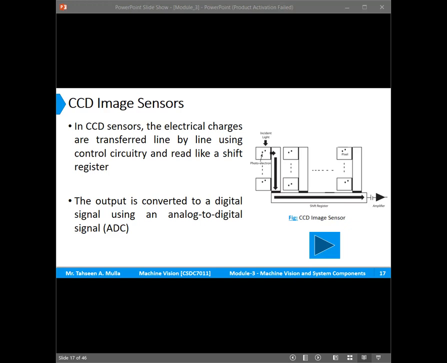And the other is CMOS, which is complementary metal oxide semiconductor. Right? Now, these both sensors are used nowadays, but initially CCD was there, and CCD and CMOS sensors work in the same way. Right? Now, these sensors will have a grid of photosensitive cells, what we call as pixels.